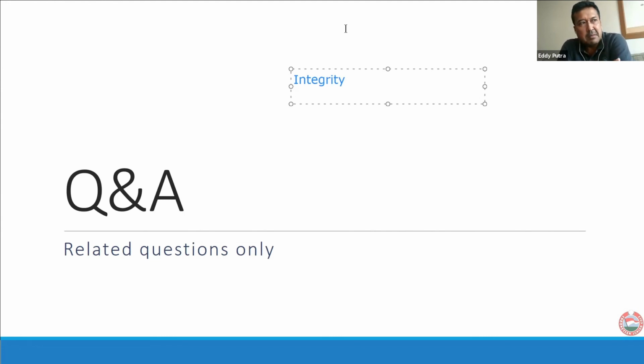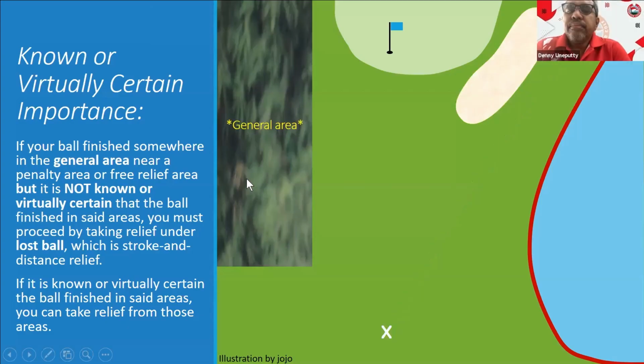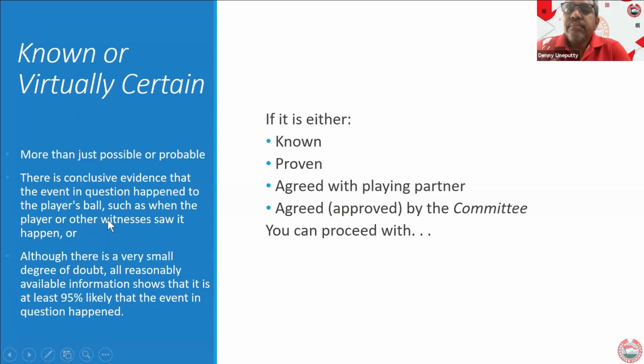From now on, for example, if a ball moves, who moved the ball, how it moves, and things like that, all is decided with the terminology known and virtually certain. So this becomes a very important terminology that you have to know. That's why it goes back to the player's integrity. The player has to have a set mind.